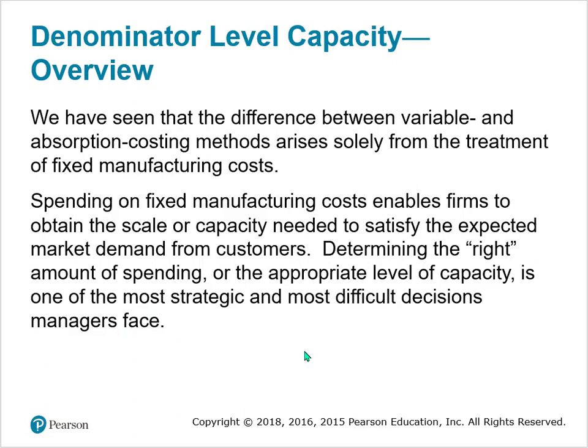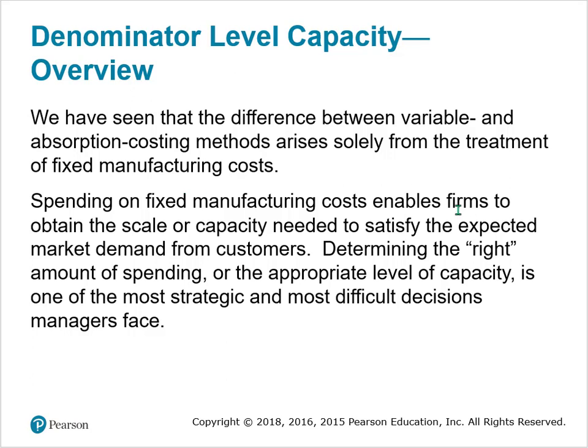So the key question regarding denominator level capacity is this: given a firm's level of spending on fixed manufacturing costs, what capacity level should managers and accountants use to compute the fixed manufacturing cost per unit? Okay, and that's why it's a big question.